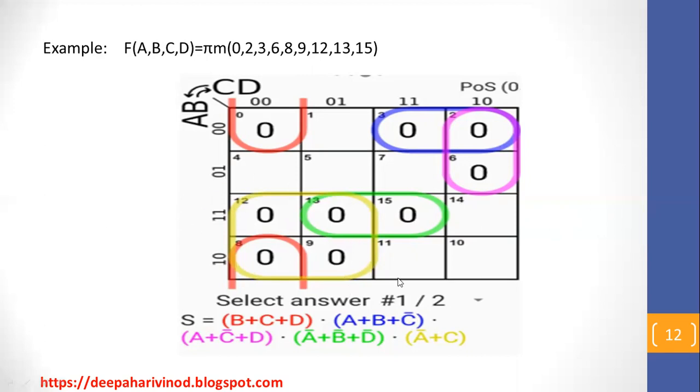Now writing the equation for that. What is common over here? A is common, 1 is common. In this case I have to notate it as A bar because it is POS. And the same way column wise, what is common? That is C, 0 is common, so it is C. Next, in these two cases, here I have grouped.